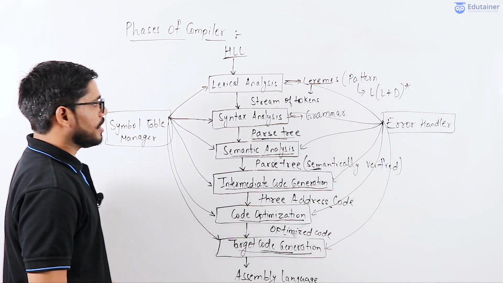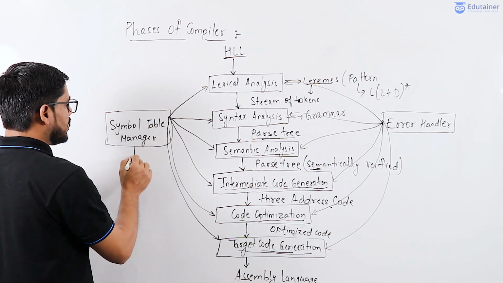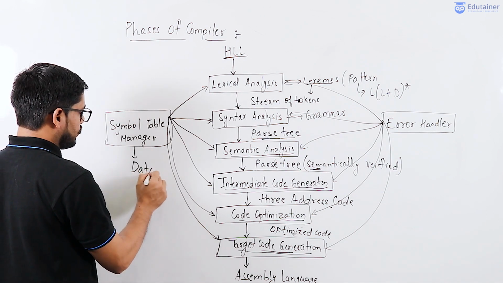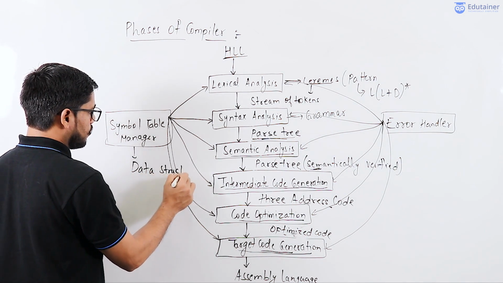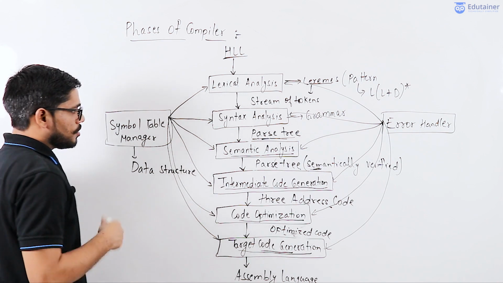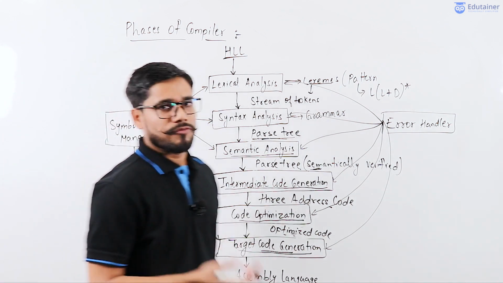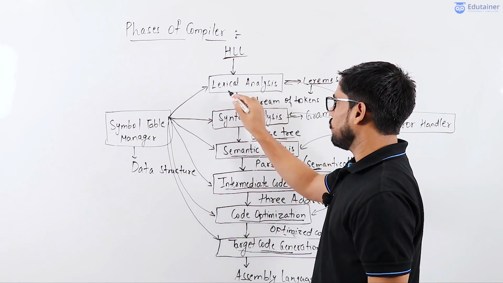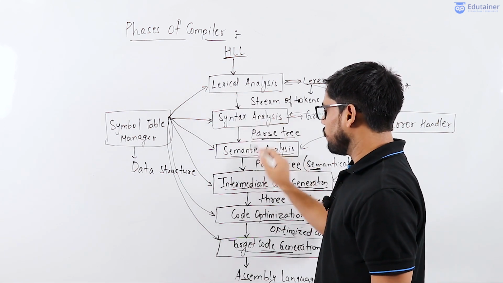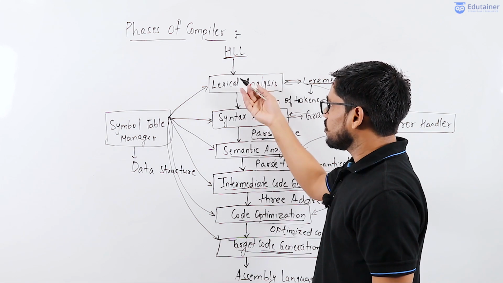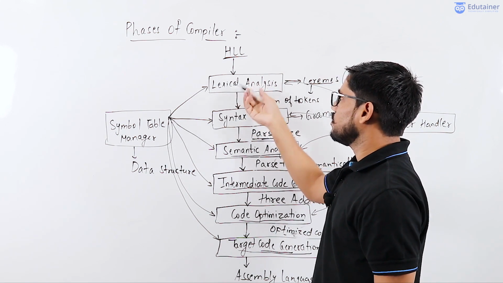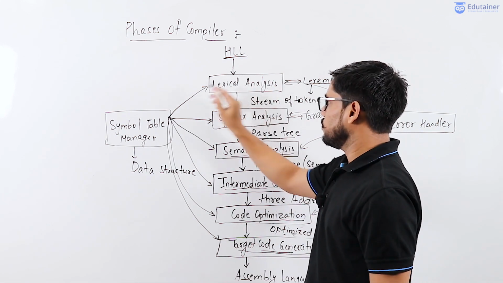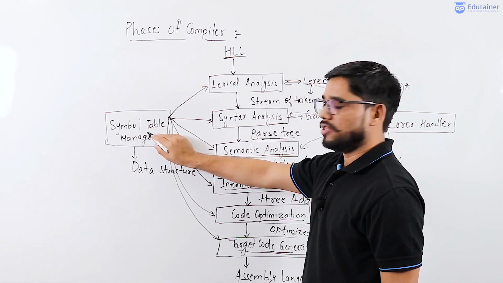What are symbol table manager and error handler? Symbol table manager is a data structure which stores various information from all these phases. So suppose after lexical analysis you got some information, then you store that information in the symbol table manager.